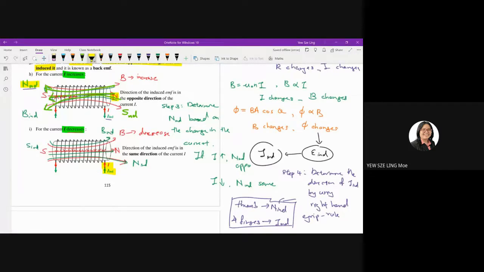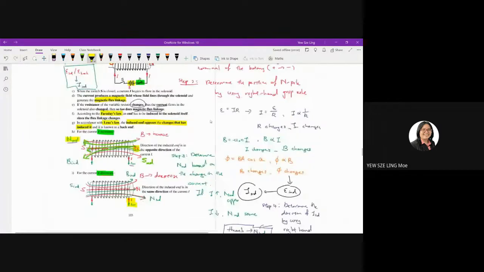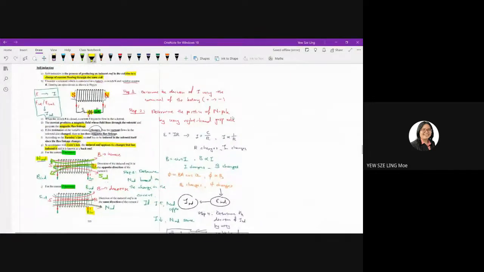Because your B induced will be generated in the same direction to top up the missing B that you took away from it, because you changed the R. Because your R, the resistance, increased. All right, so basically that is what happens in self-induction.